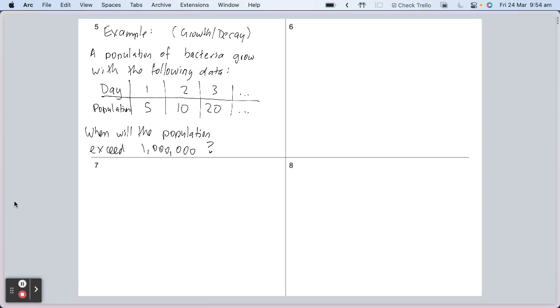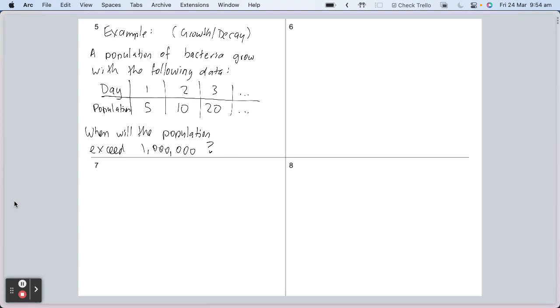In terms of those variables, what does when mean? Thank you, the number of days. As soon as you start articulating that, it gives you a sense of what you are looking for. I'm looking for a value for the number of days. Okay, cool.